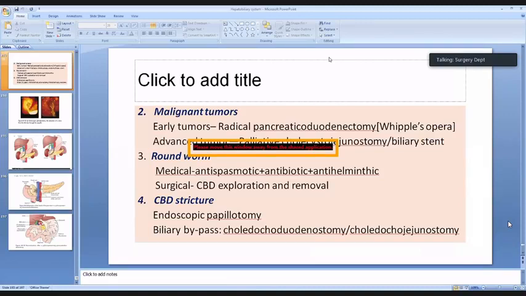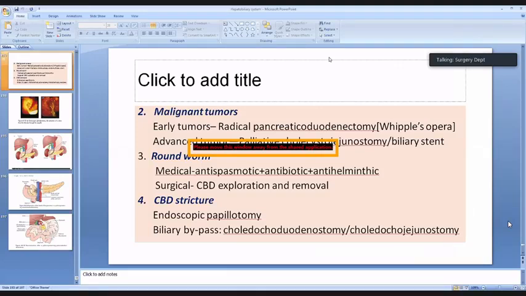If there is CBD stricture, then endoscopic papillotomy, that is papilla has to be enlarged in size. Sometimes we can do a bypass operation, that is we have to make anastomosis between bile duct and duodenum, choledochoduodenostomy or choledochojejunostomy. So these are the common surgical treatment.